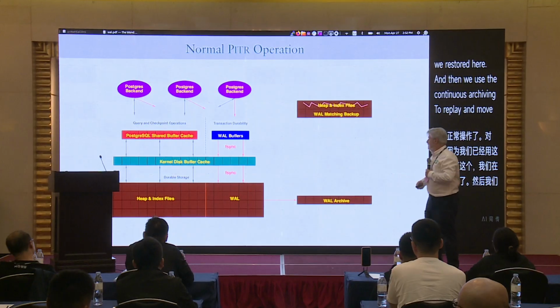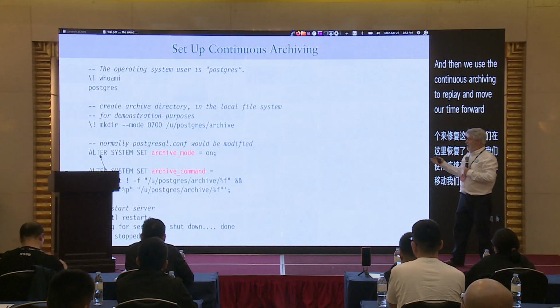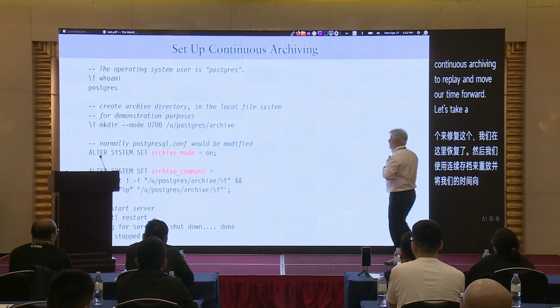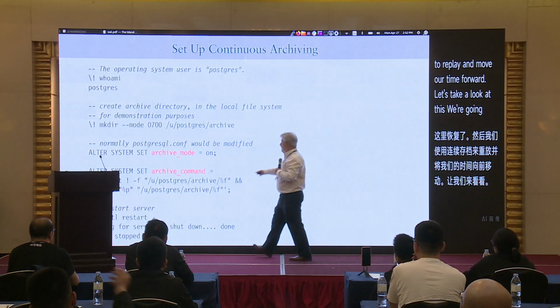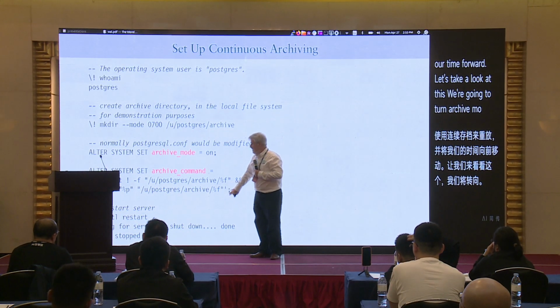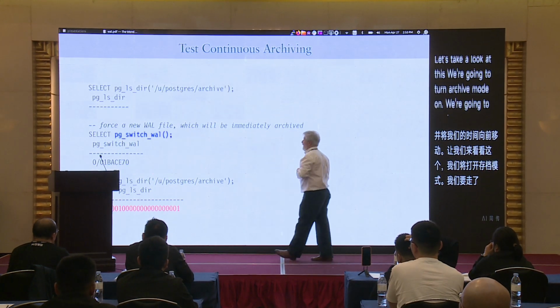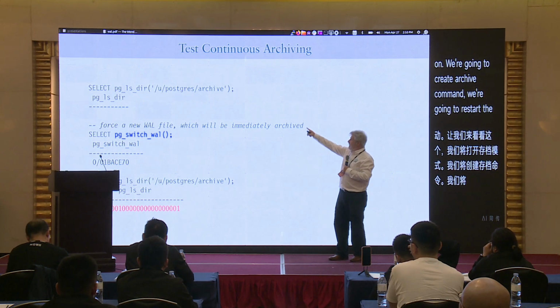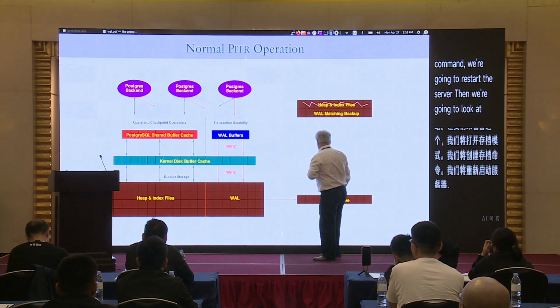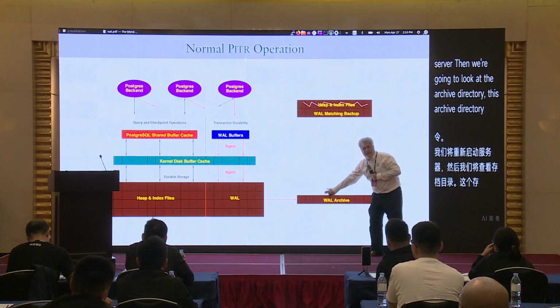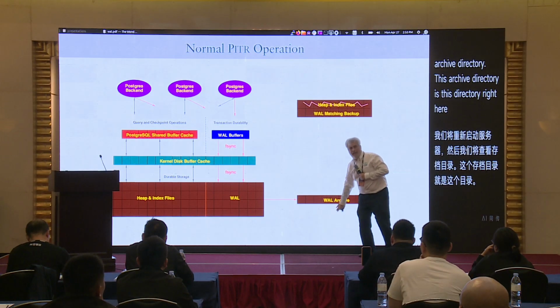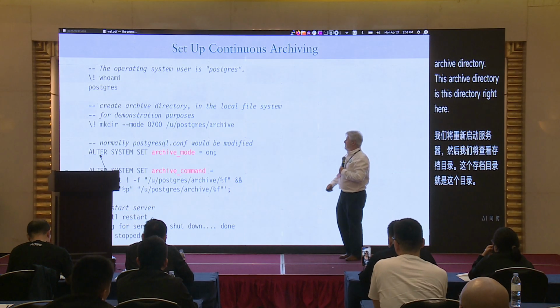Okay. Let's take a look at this. We're going to turn archive mode on. We're going to create an archive command. We're going to restart the server, okay? Then we're going to look at the archive directory. This archive directory is this directory right here, okay? We're going to look for that directory.